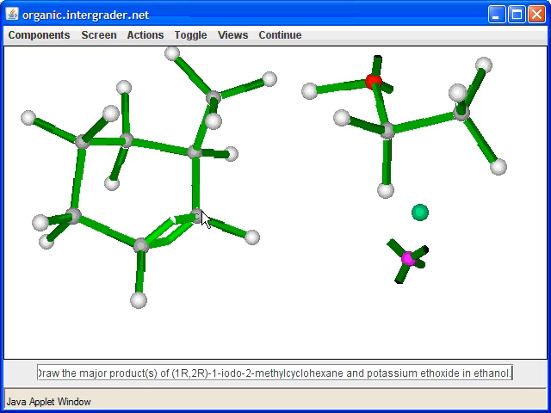Otherwise, if this had been an acyclic compound, you should actually draw the Zaitsev product, because you would have been able to rotate along this bond so that this particular hydrogen, on the carbon that has the least hydrogens on it, would be the one that you deprotonate. But since this is a cyclic example, and the iodine has to be anti, that's why we had to draw the Hofmann product.